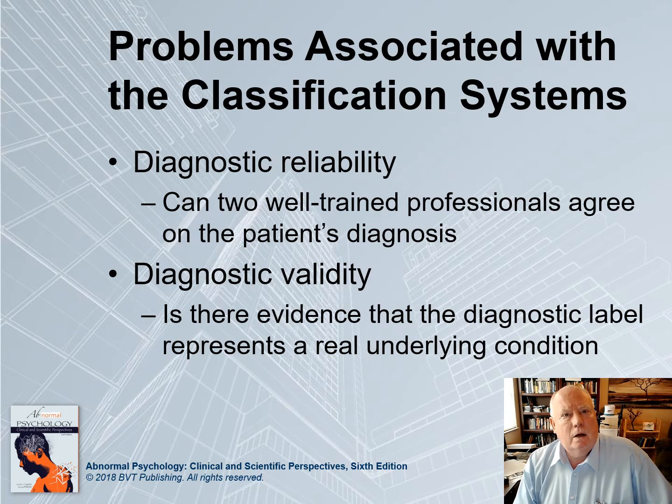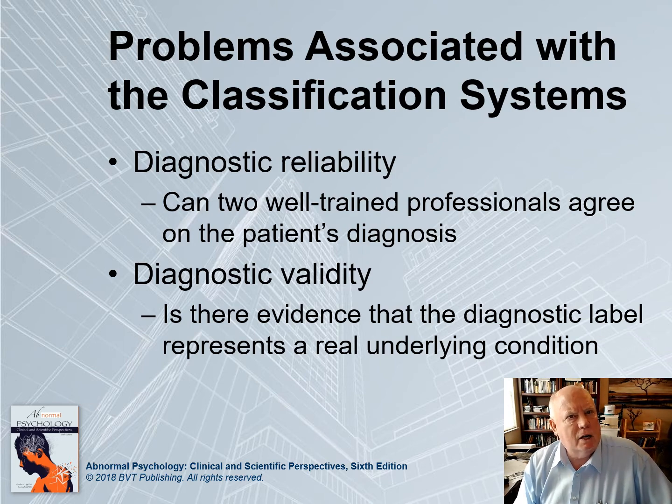One of the issues that you need to think about when you think about any diagnostic system is the concepts of reliability and validity. You can have reliable diagnostic systems that are not valid, but you cannot have valid systems unless they are first reliable.